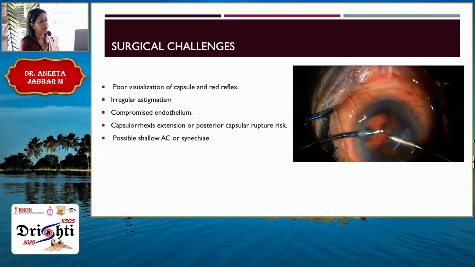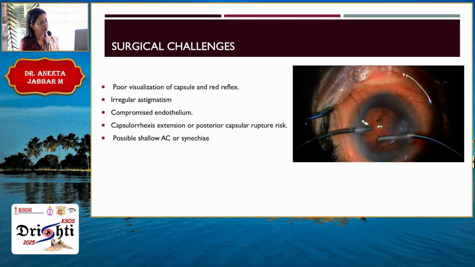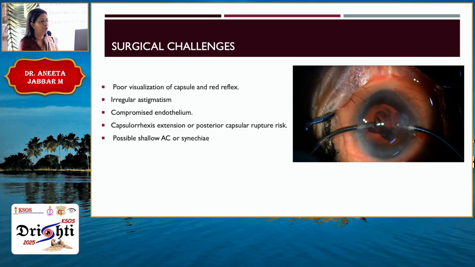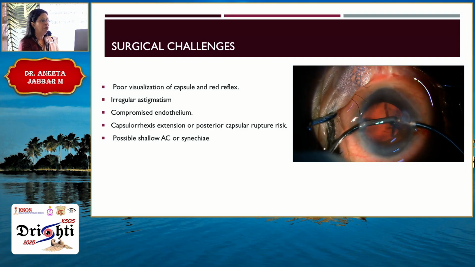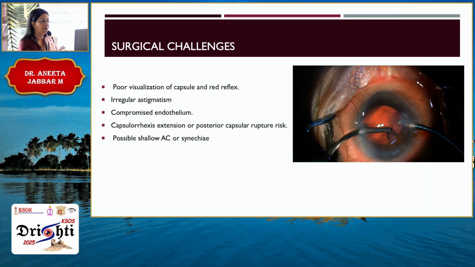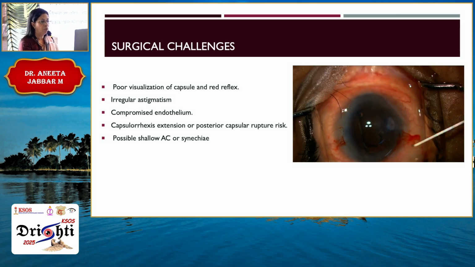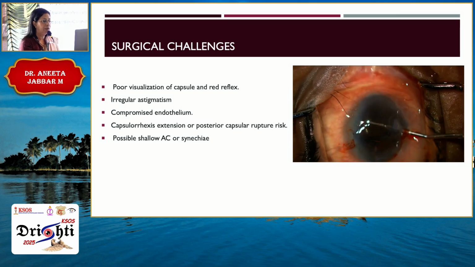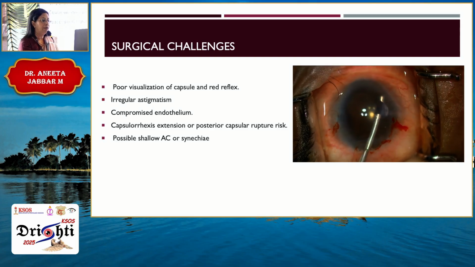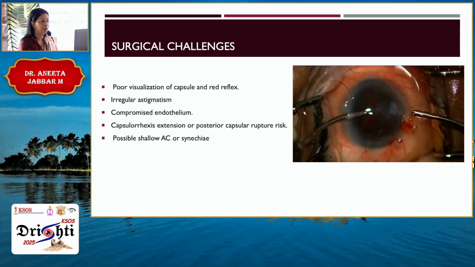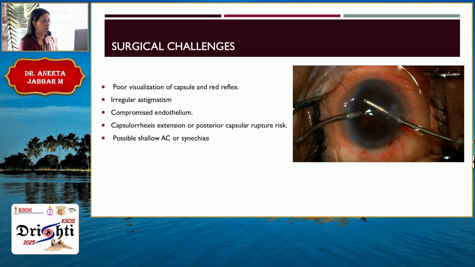But luckily the microscope had given me a good retro view, and even in spite of the very poor cornea, vascularization and opacities, phaco could be performed relatively better, and the patient is having good vision now.